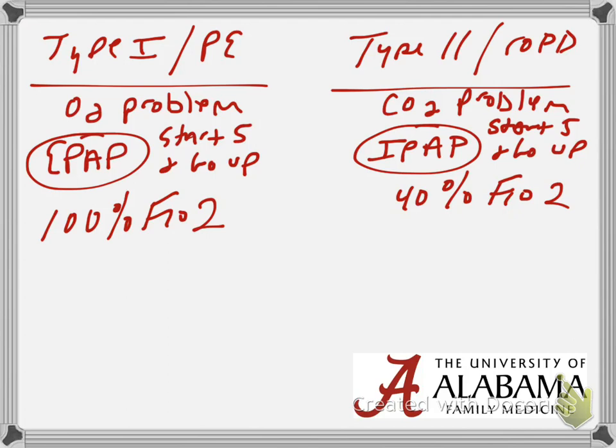One thing I did want to mention: a local hospitalist who serves as one of our attendings and does a lot of mechanical ventilation and vent management in critical care medicine typically starts at 16 and 4. Why 16 and 4?